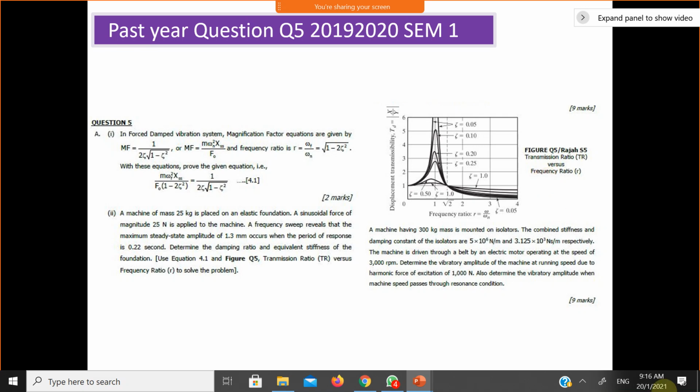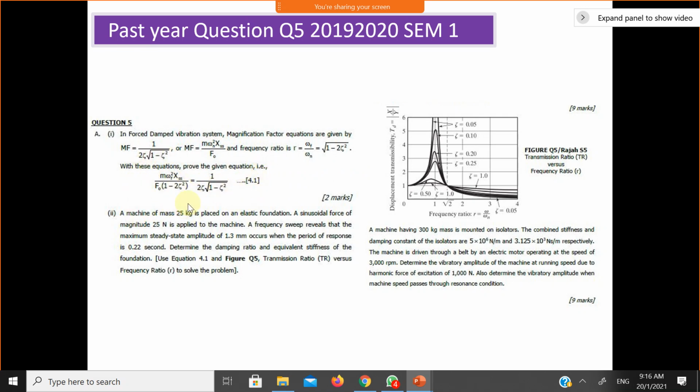Alright, if you realize that formula dia bagi dia tak sama dengan apa yang ada dalam table kan, but it's okay. Yang ni adalah formula yang dia dah derive based on new arrangement of MF dan juga R. Alright, with this equation dia bagi ni, dia suruh prove the given equation must equals to this.